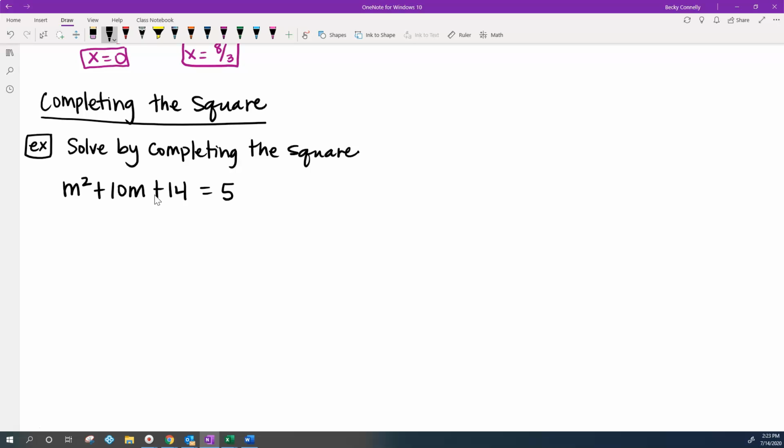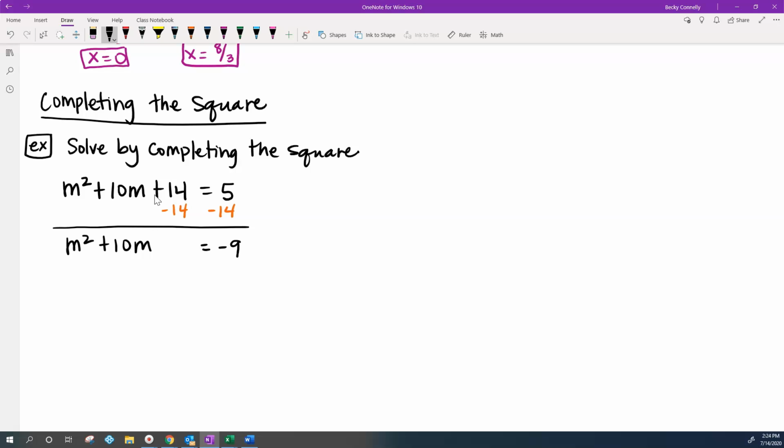Okay, so the first thing that you're going to do when you're completing the square is move that constant term that's on the left side over to the right side. So I'm going to start by subtracting that 14 over. Okay, and when I do that, I have m squared plus 10m, I'm going to leave a little blank here, and you'll see why in just a second, equals negative 9.